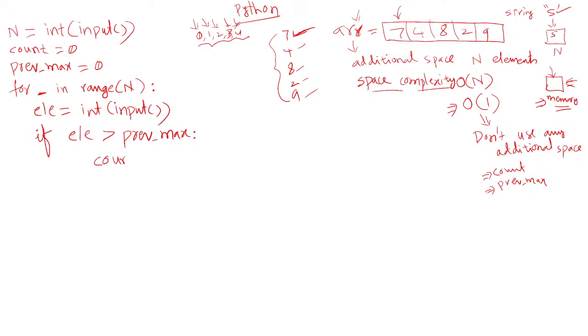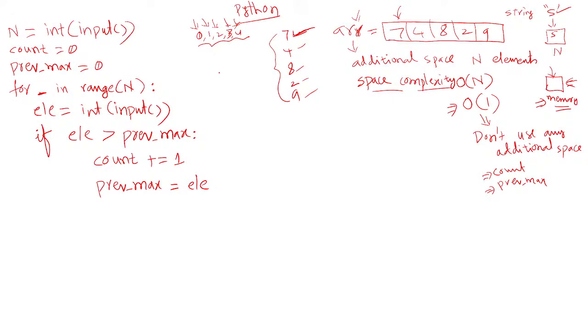Now you increment the count value: count plus equals 1. We encountered one such element. For the next element, the current element becomes the previous max, so previous max is equal to element.